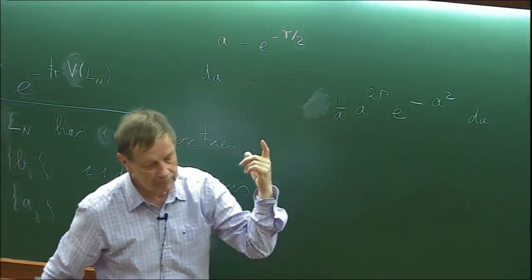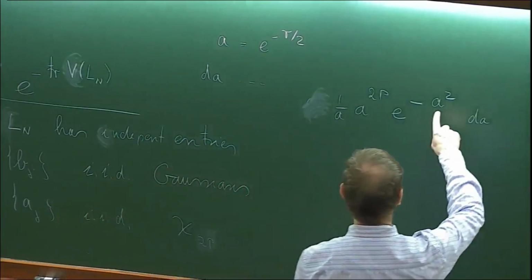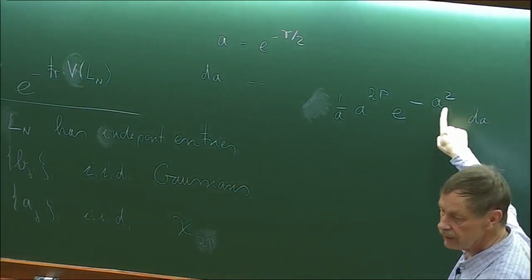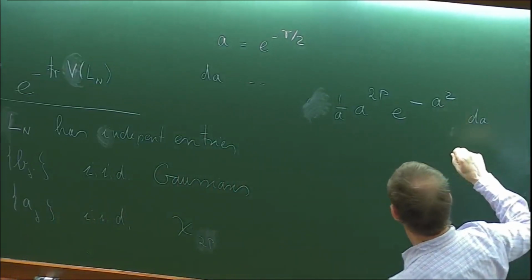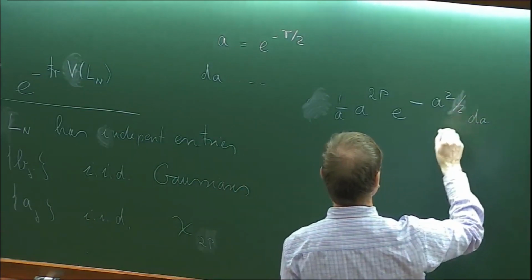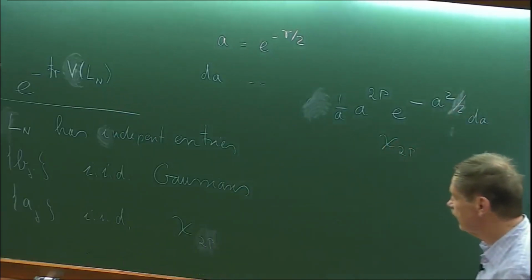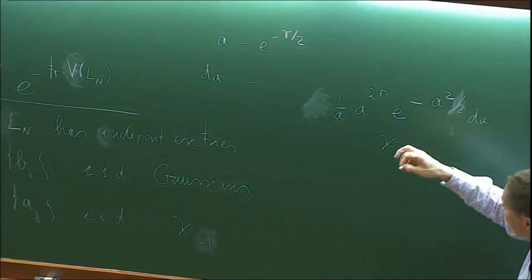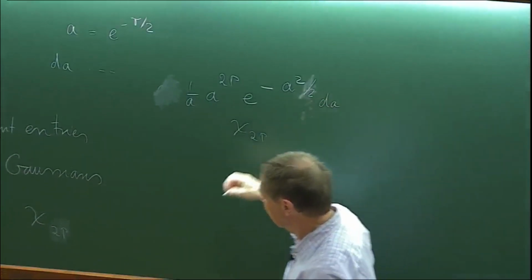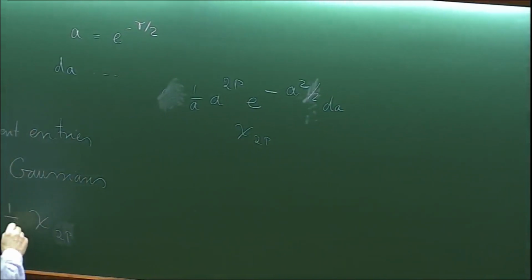But when you look up in the books what a chi distribution is, you see that actually it's not relative to the e to the minus a squared, but relative to a normalized Gaussian. So you will find that this quantity is called the chi 2p distribution. And so you see that we do have the factor 1 here, and if I want to use this language, I have to normalize this by 1 over square root of 2.